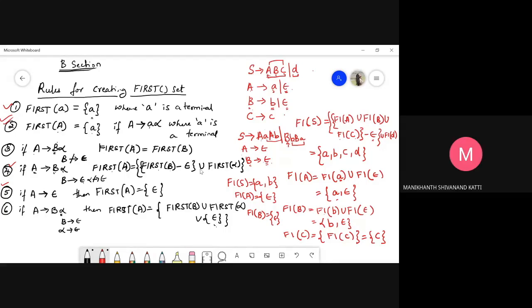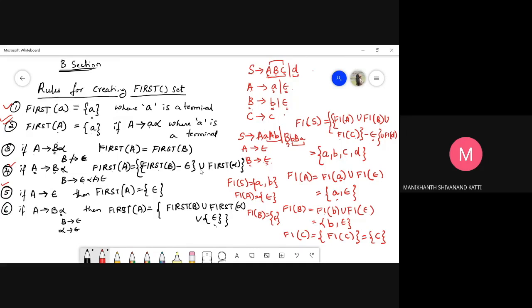Ma'am, I didn't get this thing. Like you did, first is like, if you consider the fourth rule, A derives B alpha and alpha is not deriving epsilon. So A is deriving alpha, so A is deriving epsilon. So capital A, and B is not deriving epsilon.